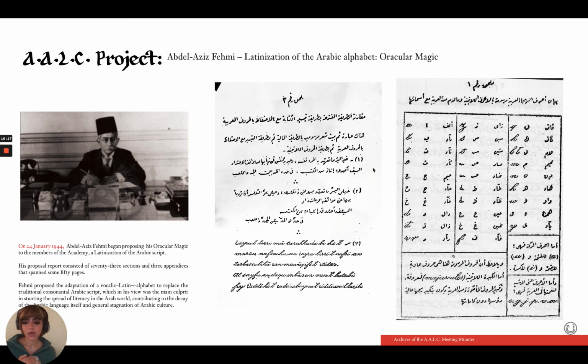It wasn't the first time that someone proposed Latinization of the Arabic, but I believe from my research that his proposal was one of the most holistic, approaching full Latinization. He proposed the adoption of a vocalic Latin alphabet to replace the traditional consonantal Arabic script, which in his view is the main deficiency of the Arabic, causing illiteracy, etc.